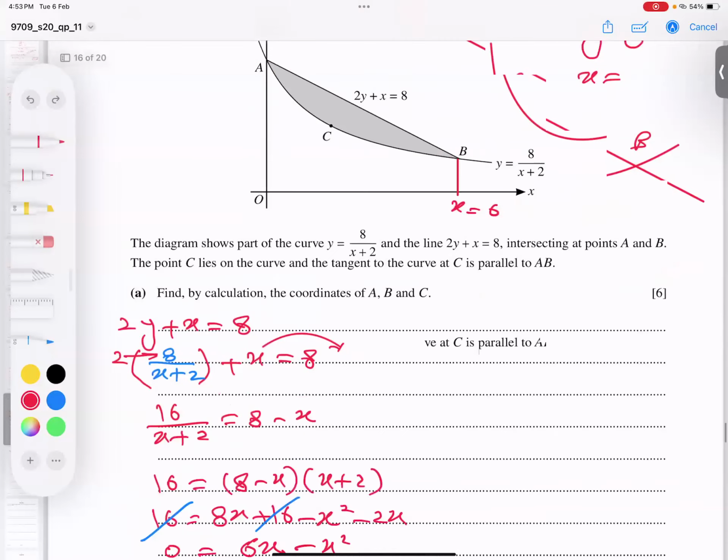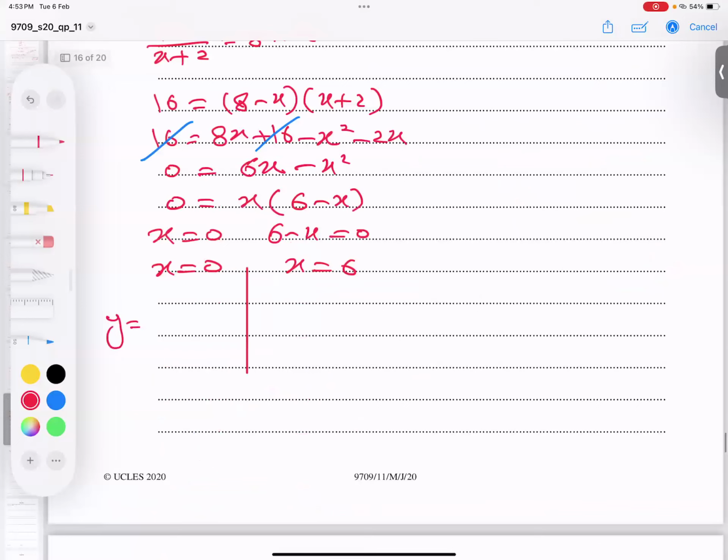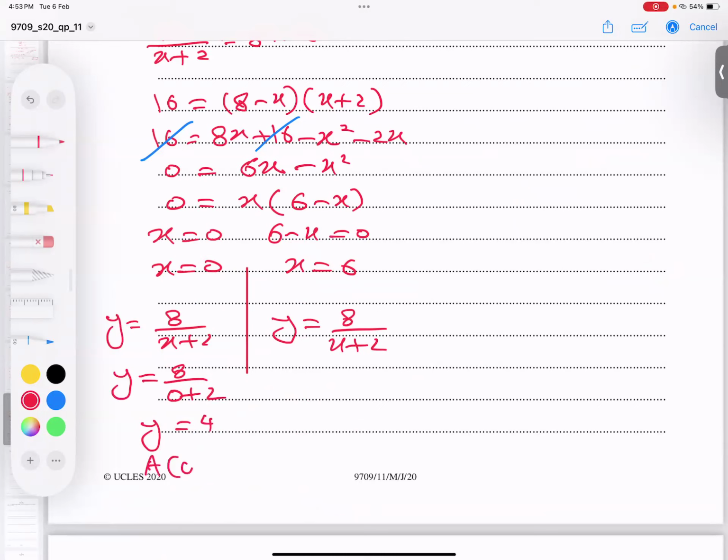So y equals 8 over x plus 2. I repeat, I will take this one because this is easy to use. I plug in x equals 0 here. When I plug in x equals 0 here, I get 8 over 0 plus 2. I got a 4. So Alhamdulillah Rabbil Alameen, A coordinate is 0, 4. Done.